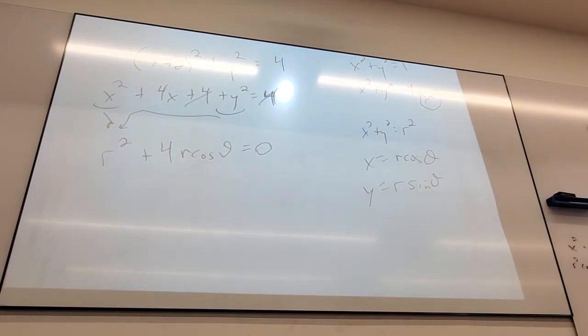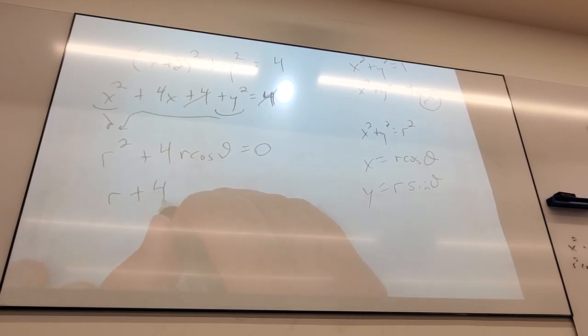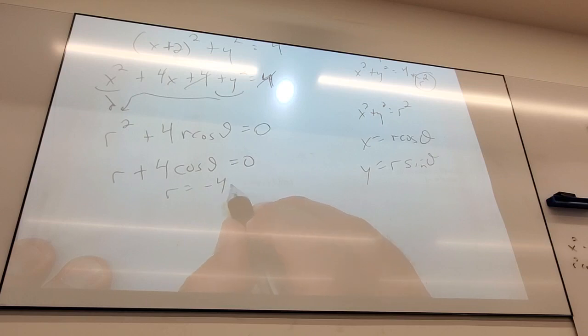Okay, let me stop for a minute. Any algebraic simplification you can do, do it first, because you might get some x squared plus y squared, which is great because I can replace both of those with r squared. What's one last thing I could do here? Divide by r. This is fine, or you can say that this equals r equals -4 cosine theta.